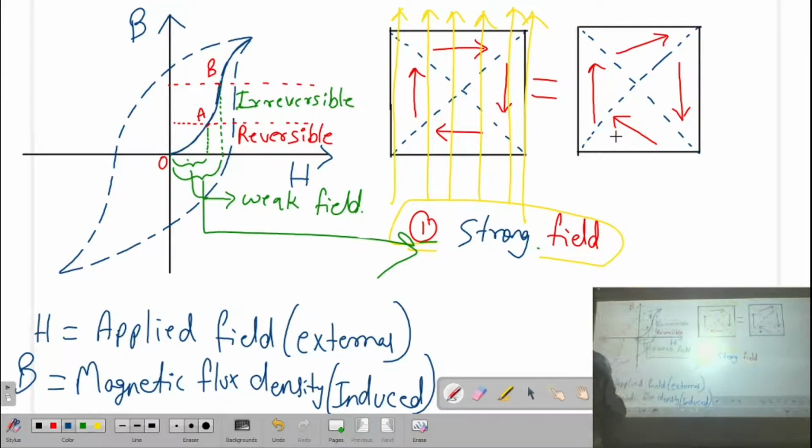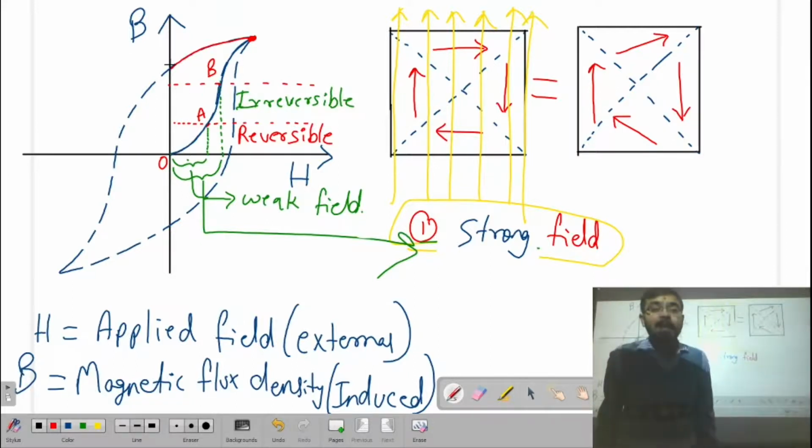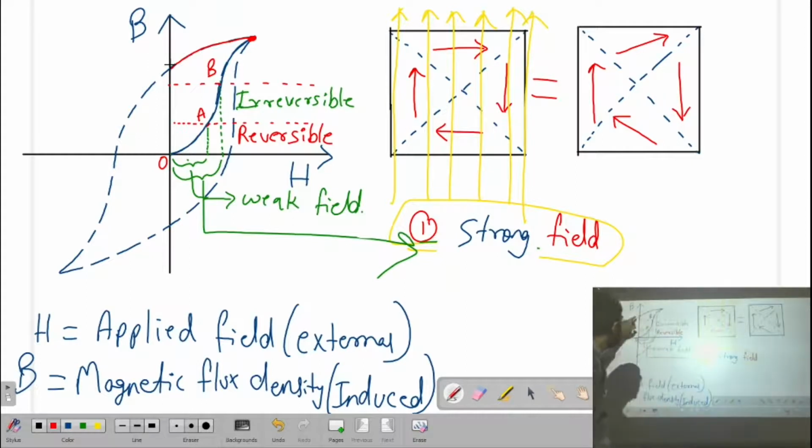Now, if you try to decrease the value of H from this point and come to this point, then H will become 0.